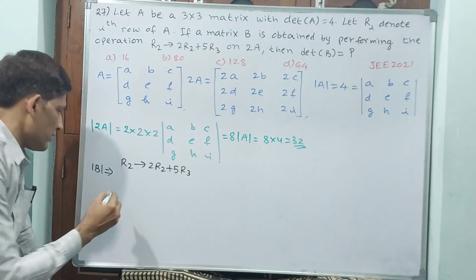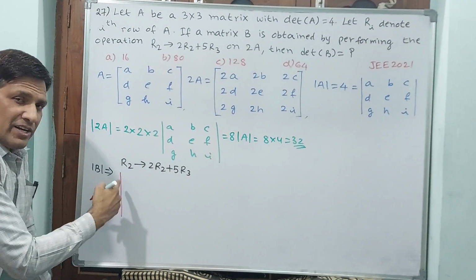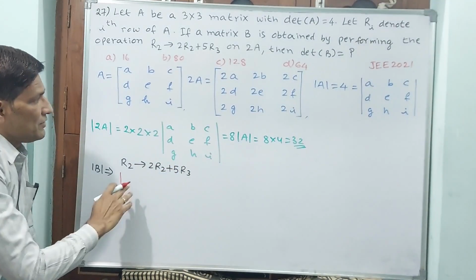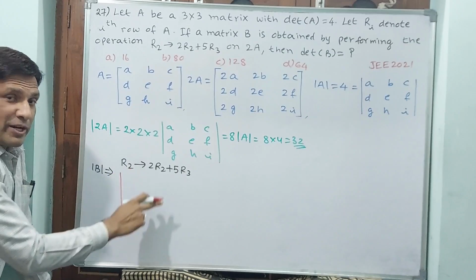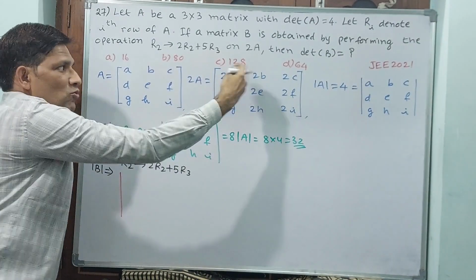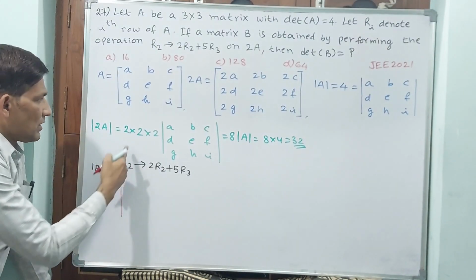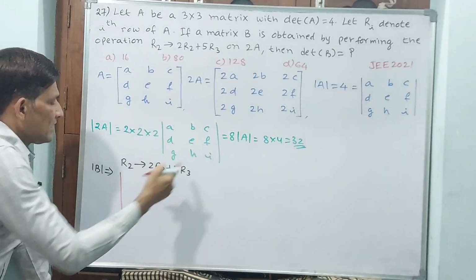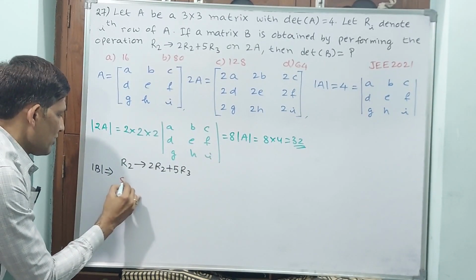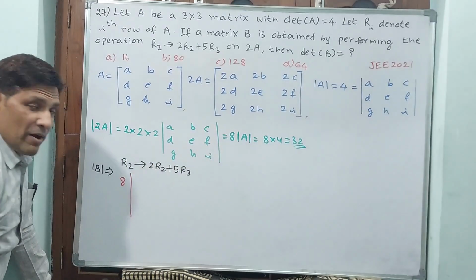Observe carefully this determinant. Is there any change in R1 and R3? No. That means R1 you simply write as it is. This determinant is the 2A determinant. You can also write it like this: outside you keep 8 and the determinant simply inside. So 8 times determinant, I am writing like this.